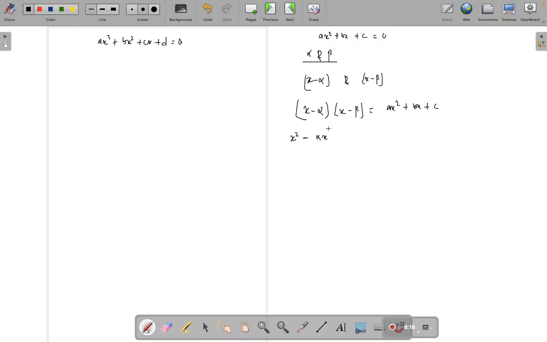So you'll get x square minus alpha x minus beta x plus alpha beta equals ax square plus bx plus c. Then you get x square minus, you can take x as common, alpha plus beta, plus alpha beta equals this.